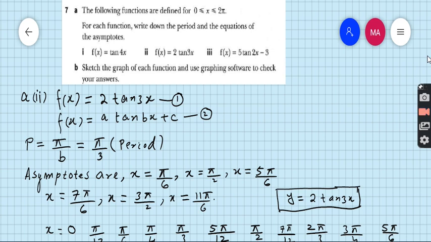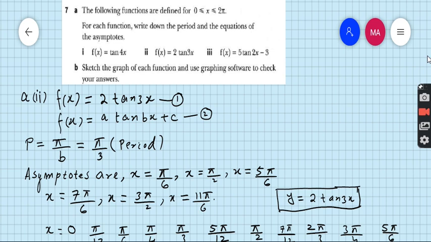The formula for the period of the tangent function in radians is pi upon b. What is b? b is the coefficient of x in equation number 1, which is 3. Therefore, the period of this function is pi by 3. So the first requirement is fulfilled.